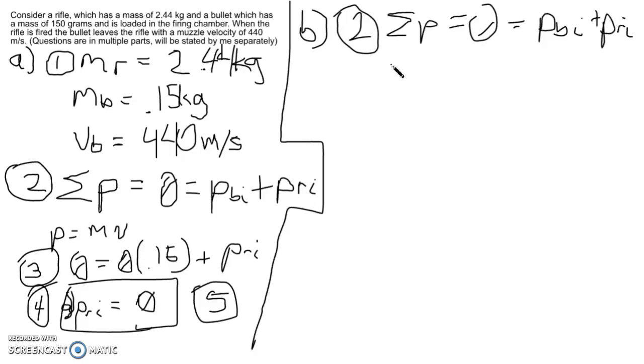There's really no other stuff, like there's no step 3 here. You have the answer there. The sum of the momentums equals 0.